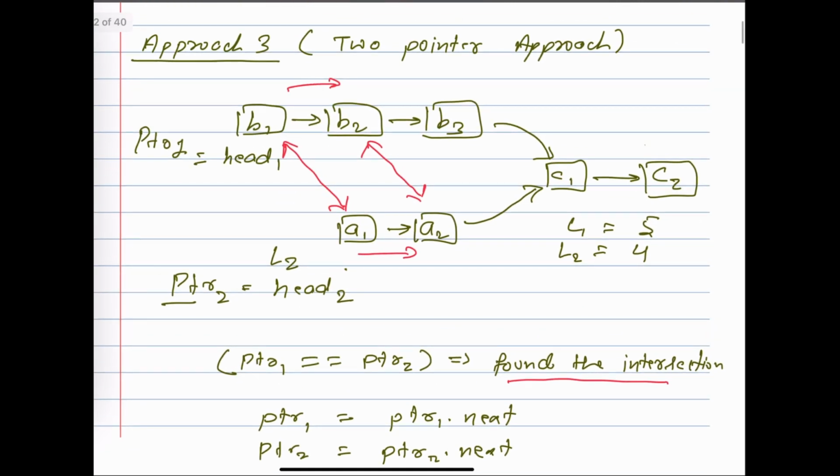So there will be one condition at last: my pointer 1 will point to null if it is not finding any intersection, right? And also my A1 pointer can reach null.